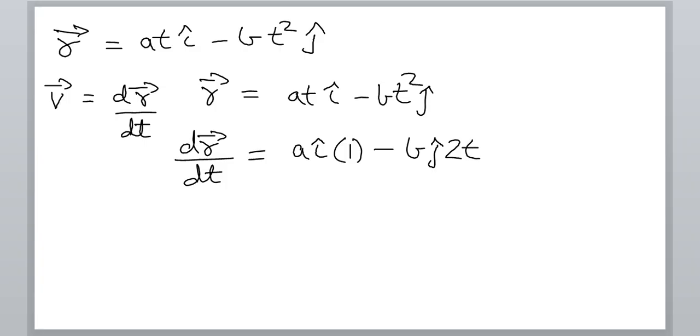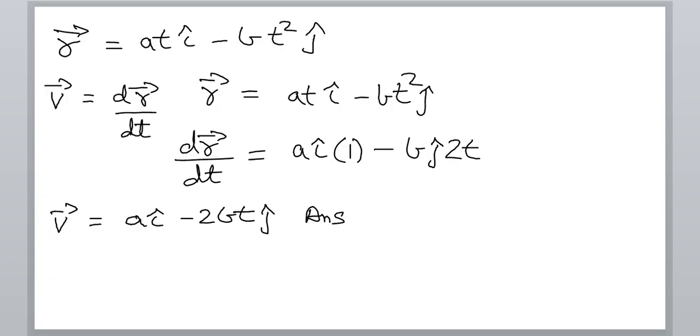Now dr vector by dt is my velocity vector, so I can write v vector is equal to a i cap minus 2 b t j cap. This is the answer to the first part of part B.